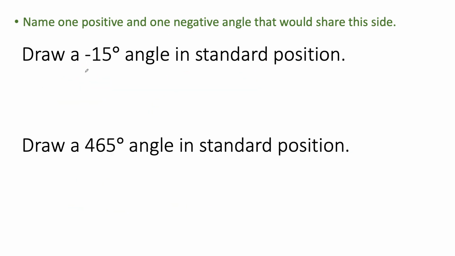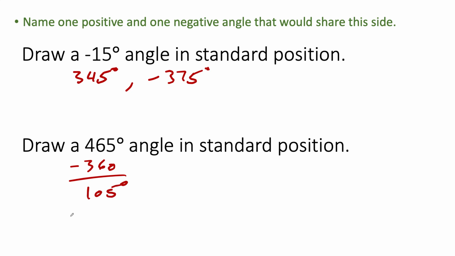And we keep going, and again, we can add 360 and get 345. We can subtract 360 and get negative 375, and we're good. I've got to get a positive and a negative. I'm going to have to subtract 360 and get 105, and then subtract 360 again and get what?